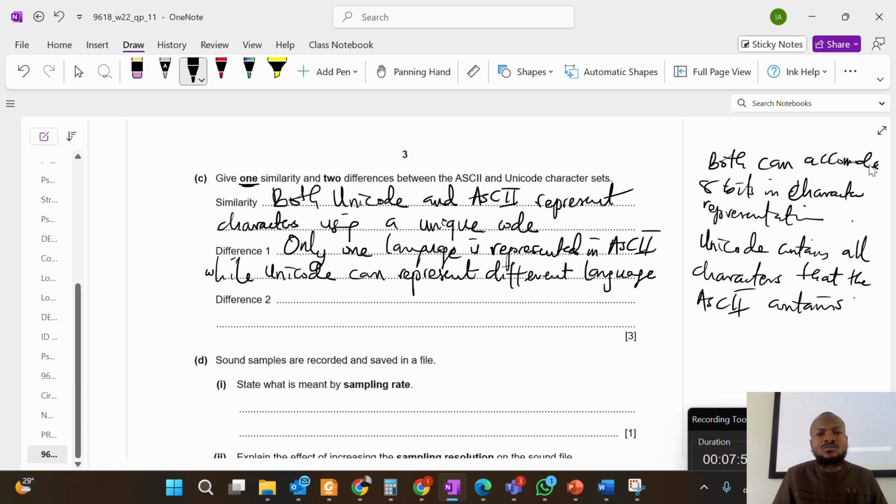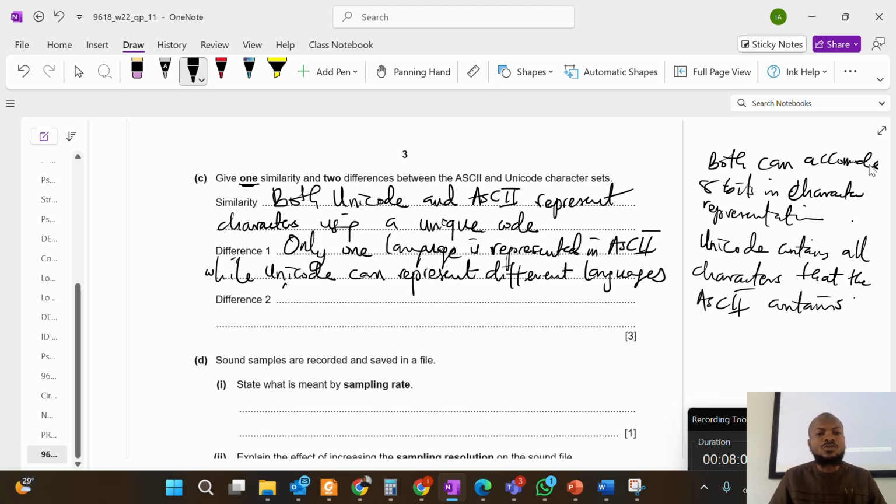Is this understood? Now, one other difference is Unicode can accommodate up to 32-bit characters, while ASCII can only represent 7 to 8-bit characters.